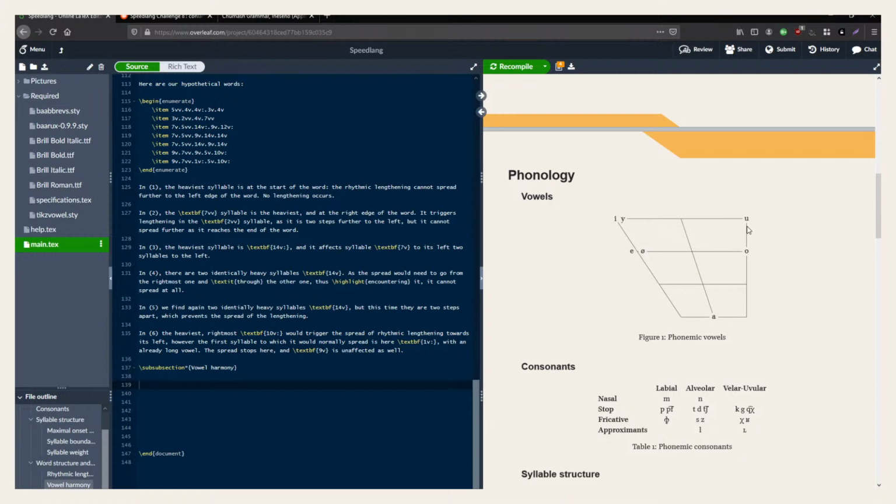So E, U, O. So E, A, R are going to trigger changes in these. But how? How are we going to do this? What is going to be the trigger?